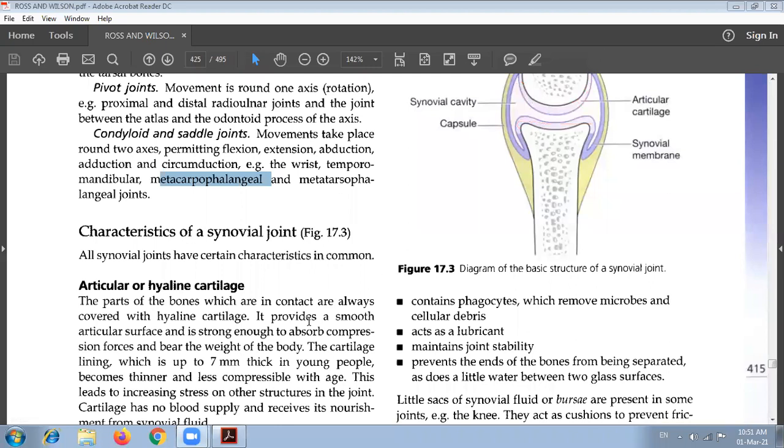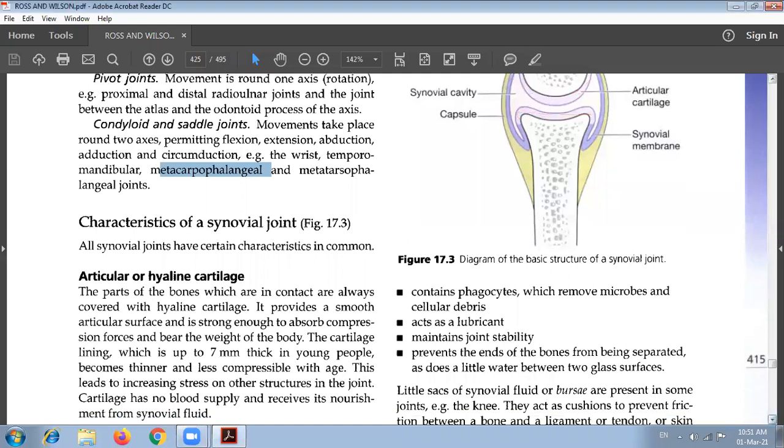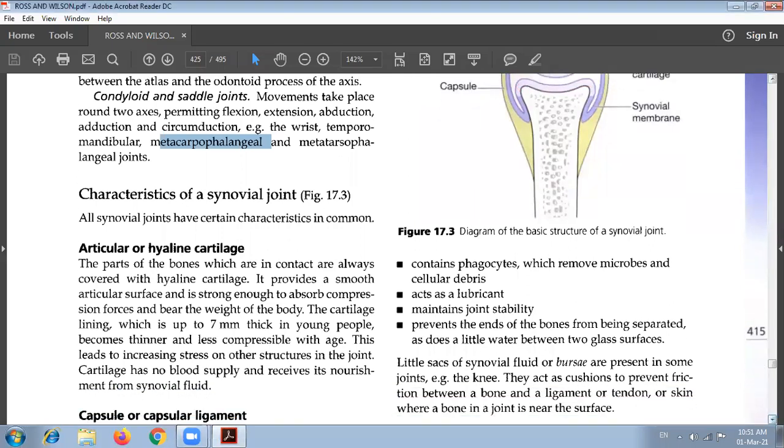It provides a smooth articular surface and is strong enough to absorb compression forces and bear the weight of the body. So this synovial joint has articular hyaline cartilage, and it provides a smooth articular surface and has a strong capacity to absorb the compression forces and bear the weight of the body.